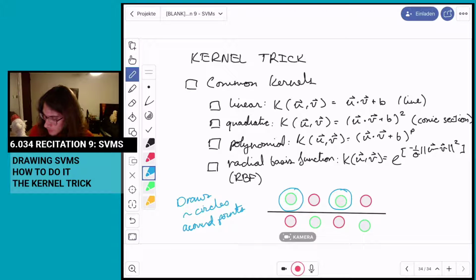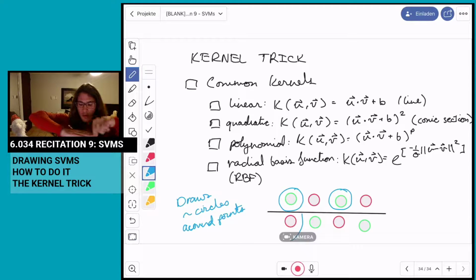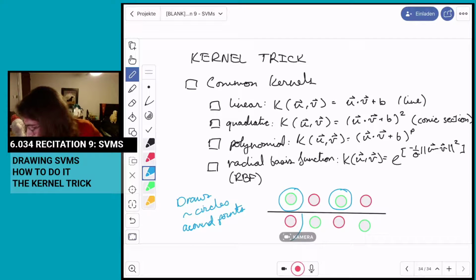Or depending on how you tune the sigma again, you can get, and this is the more precise way of saying it, a manifold in multidimensional space, and you basically get the ridges. You're cutting across the manifold, and you get these ridges in the 2D plane, similar to how I was describing the conic section.